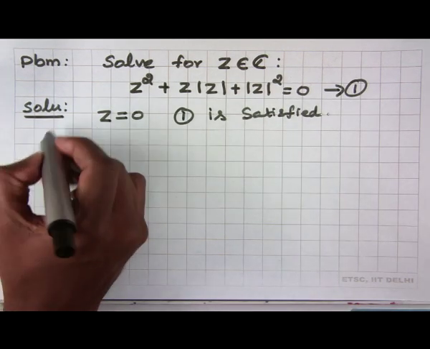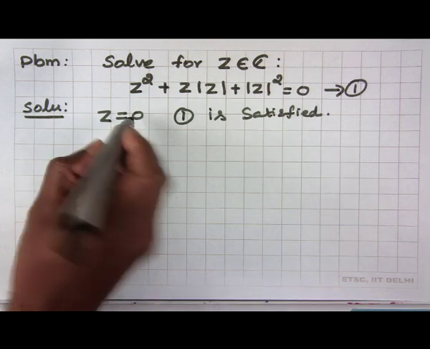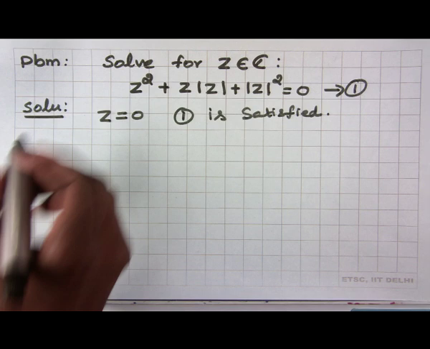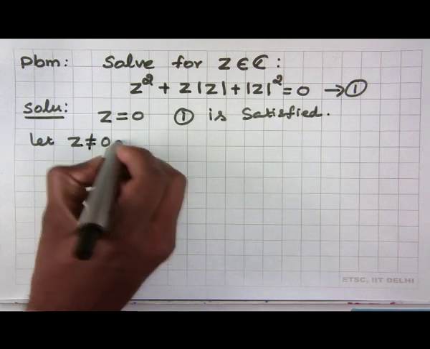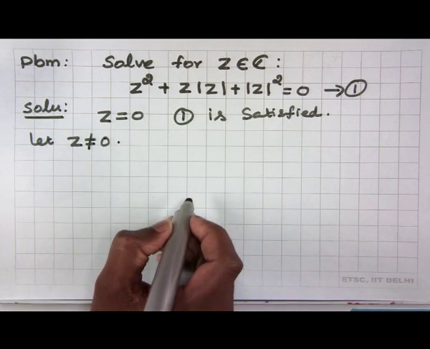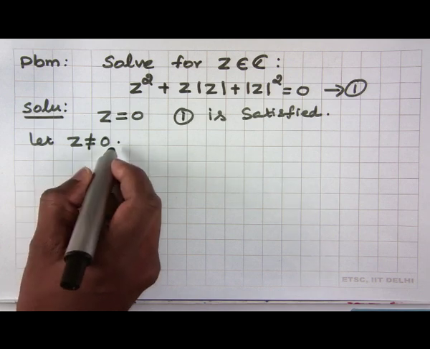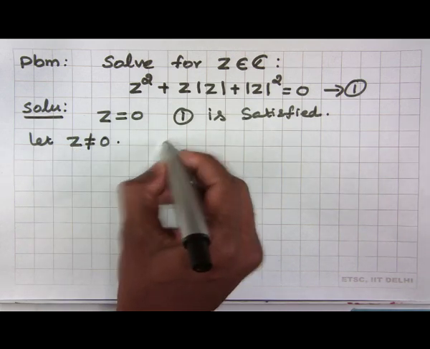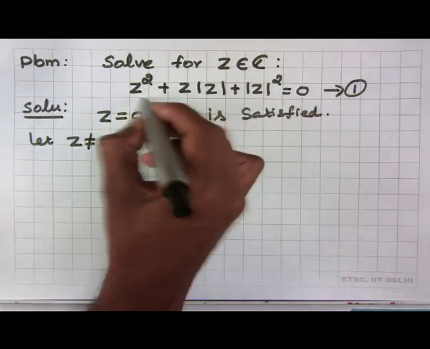Now, let us assume z is non-zero and ask whether any non-zero complex number satisfies this equation. Once it is non-zero, it has an inverse, or even the modulus of z is non-zero, so we can divide by mod z square throughout this expression.